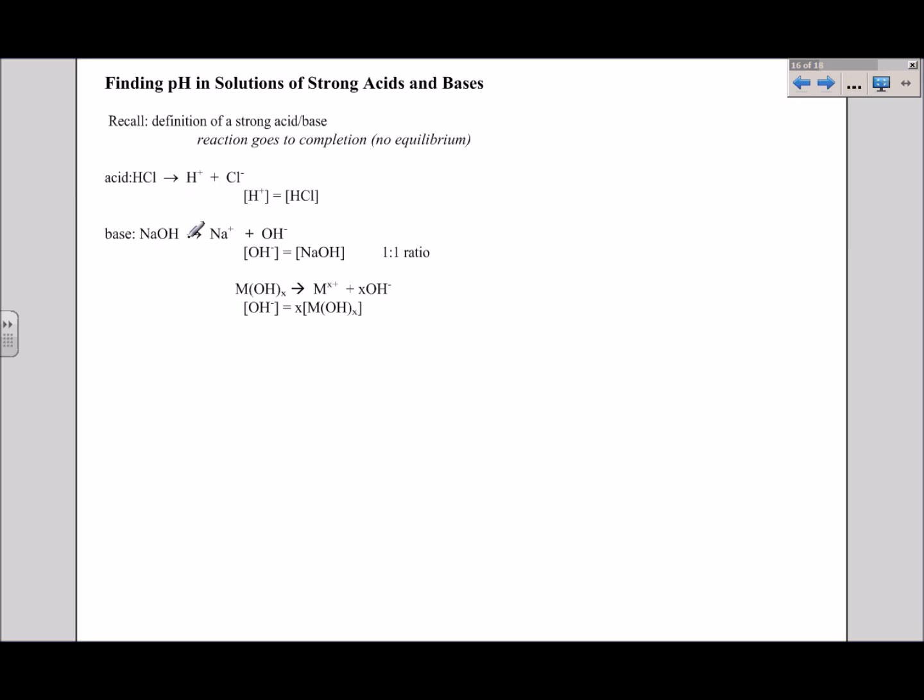For bases, if they dissociate in a 1-to-1 ratio, then the hydroxide concentration will be equal to the concentration of the base. But if they don't dissociate in a 1-to-1 ratio, then we'll need to consider the ratio that they've dissociated. Let's do some examples to see how this works.